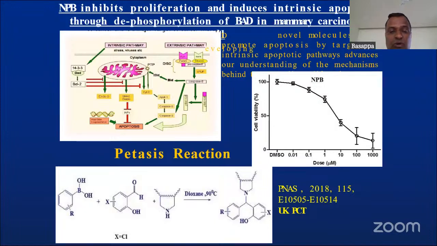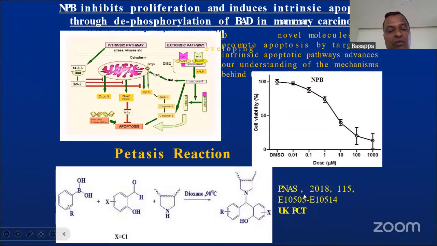In another work, NPB, which we named, targets BAD, BCL2 antagonist of cell death. BAD is also of our interest, where we used such a biomolecule as the target, and we identified the NPB structure that could inhibit proliferation and induce intrinsic apoptosis through dephosphorylation of BAD in mammary carcinoma cells, which we have reported in PNAS.